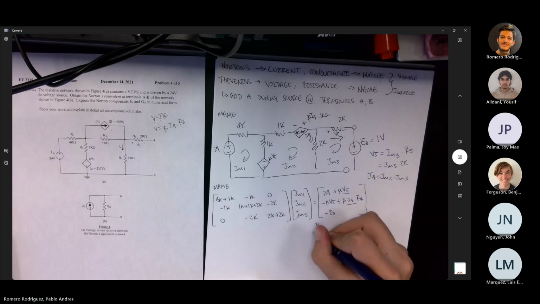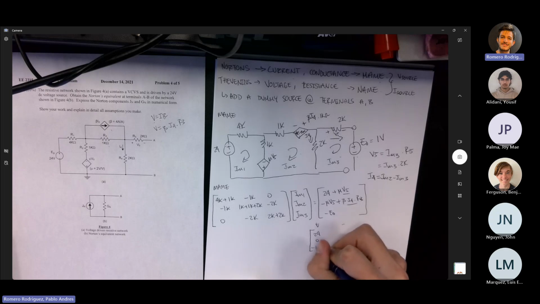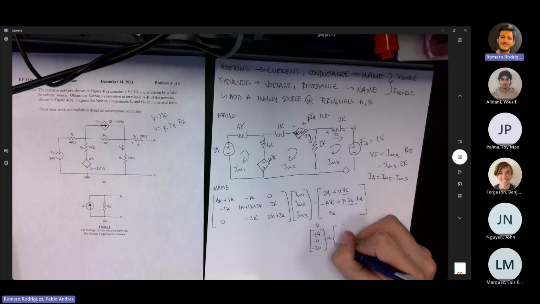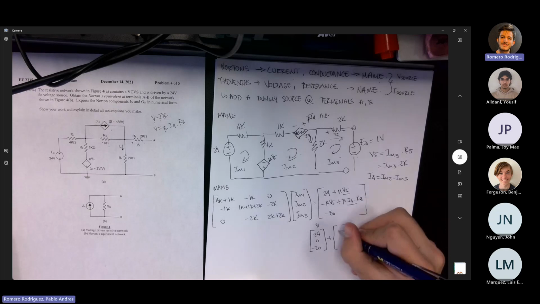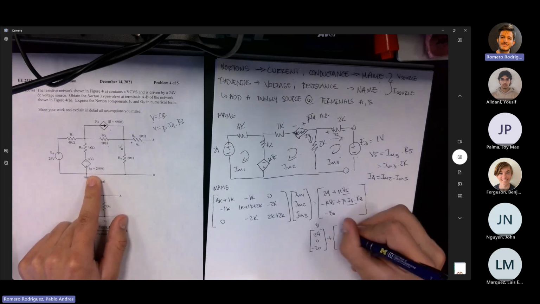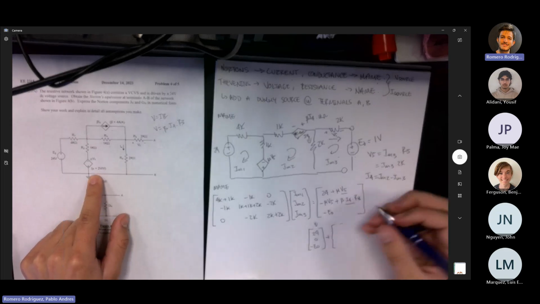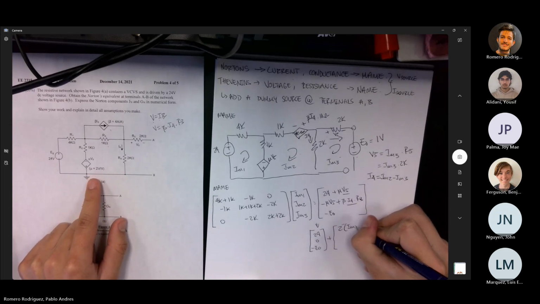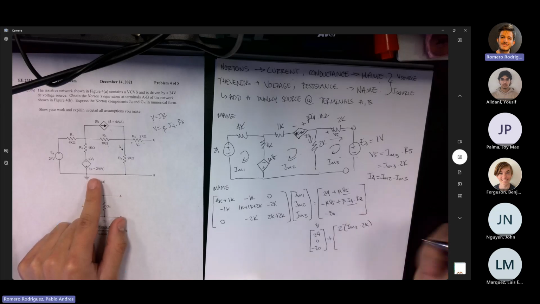So I'm going to have independent ones here. So 24, 0, negative E0 plus mu, which is what? 2 volts. Well, 2 volts per volt, so just 2. Yeah, so it's 2 times IM3 times 2K.